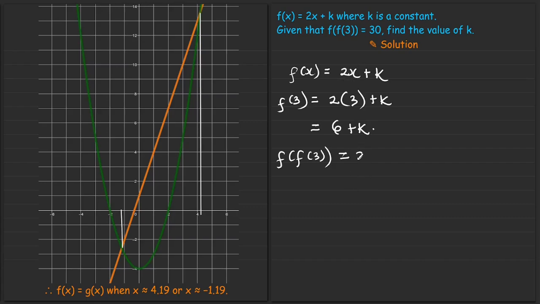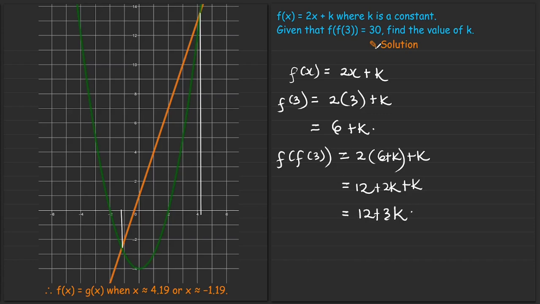That is going to give us a 2x, where x is what? 6 plus k, then plus our k. Simplifying, we have 2 times 6, which gives us a 12, then 2 times k, which gives us a 2k, then plus the k we have here. This gives us a 12 plus 3k.